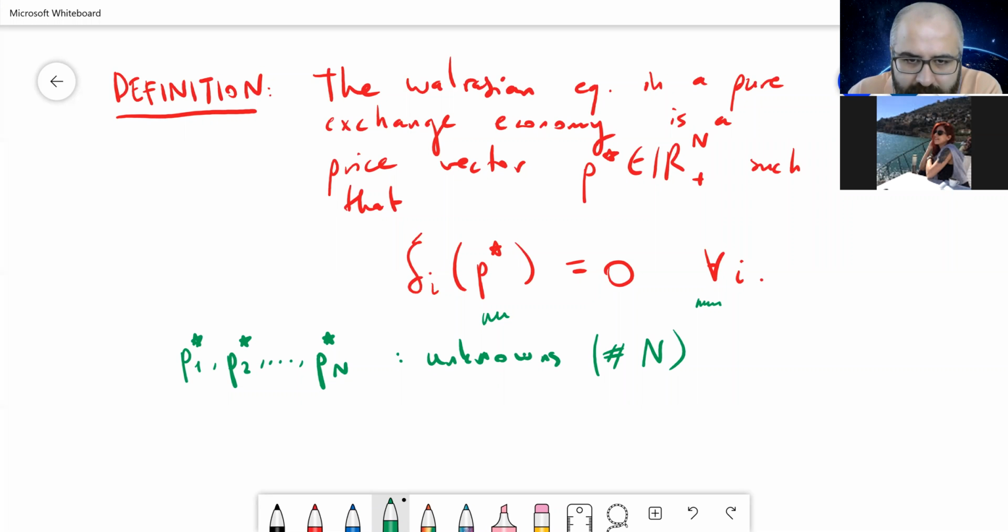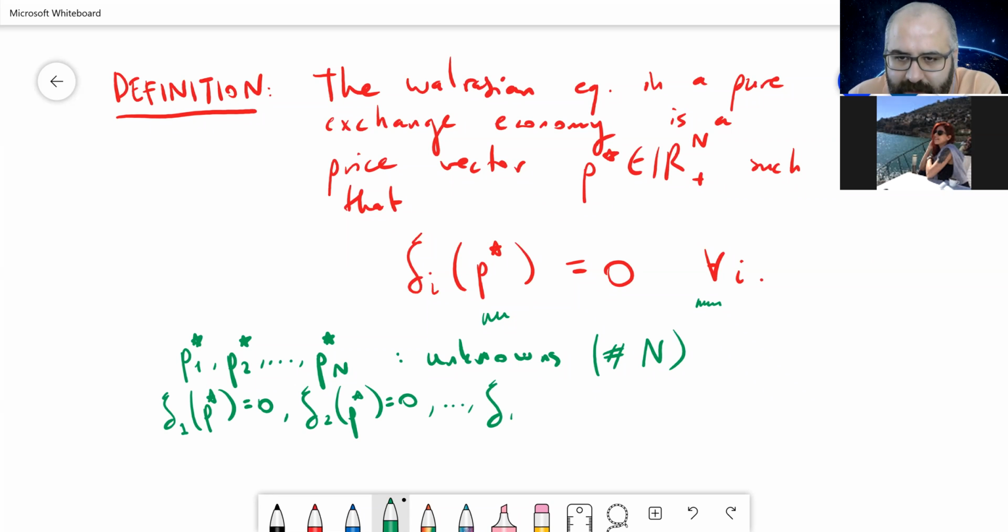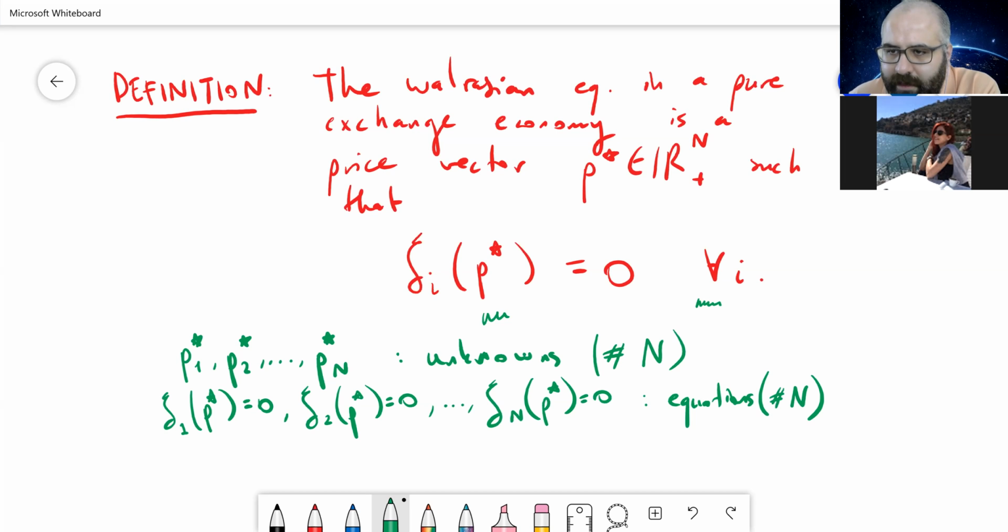You have zeta 1 P star equals 0, zeta 2 P star equals 0, ..., zeta n P star equals 0. So you have also n equations. Then you must think, oh wait, I can solve this system, right? I have n unknowns, n equations.